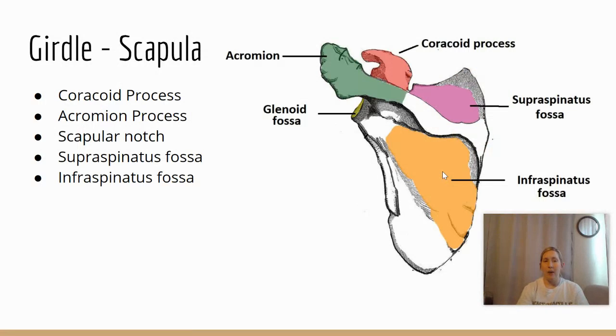Now, as we look a little bit closer to the scapula itself, we also need to look at the fossas. So if you remember, the spine of our scapula separated the two fossas on the posterior side. We had the supraspinatus, which supra, that's referring to superior, so it's above the spine. Then we have the infraspinatus, which was below the spine.